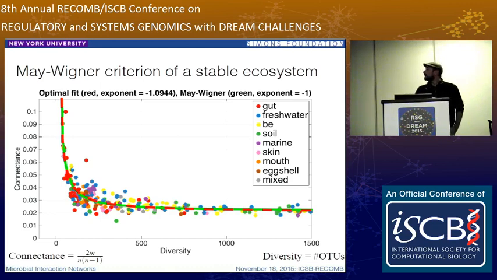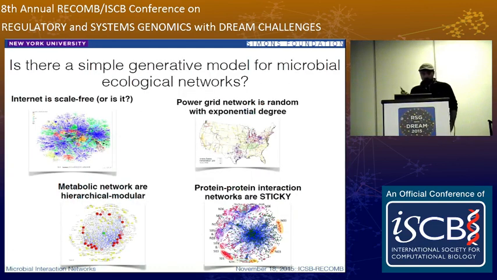All right? The final question we can answer now is, is there a simple generative model for all these ecological networks we observe? We know that the internet, say, for instance, is scale-free, or maybe not. Power grid networks in the US have a specific structure. Metabolic networks have a specific structure. And recently, we know that protein-protein interaction networks obey something called a sticky network topology.